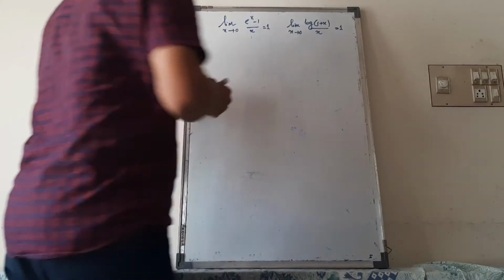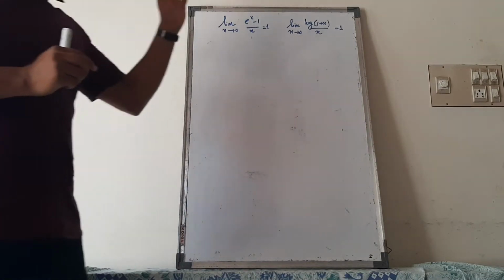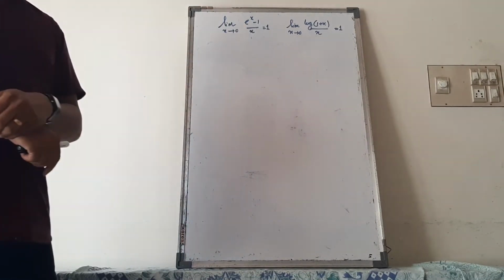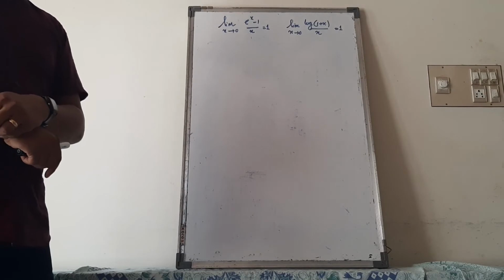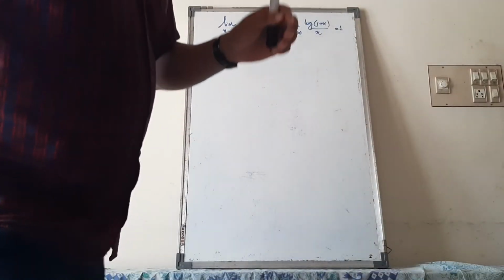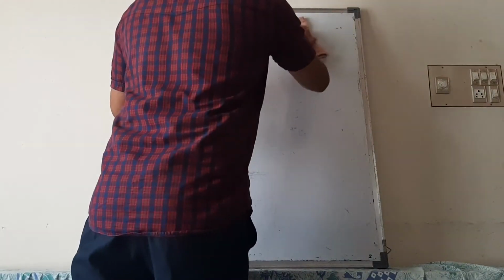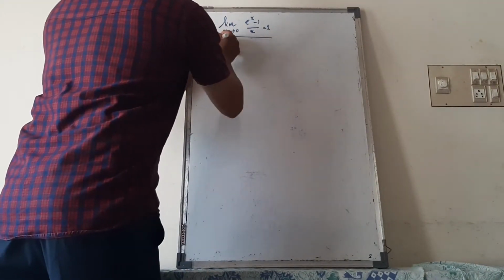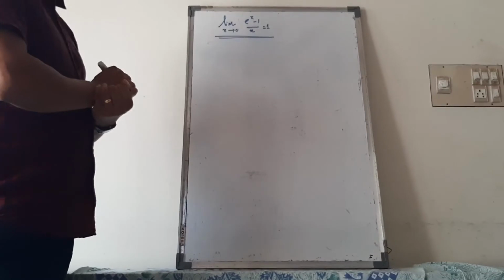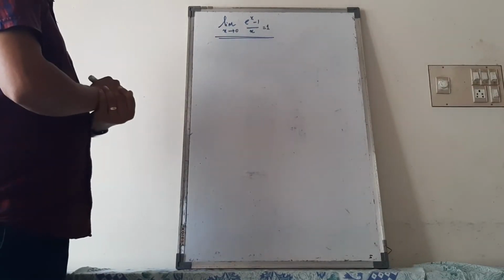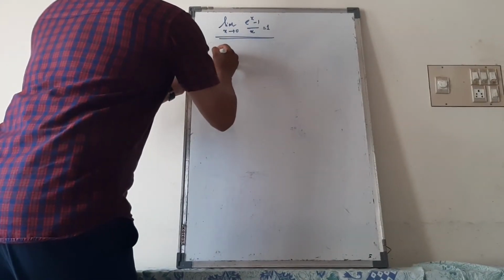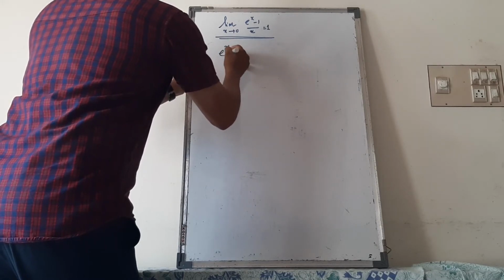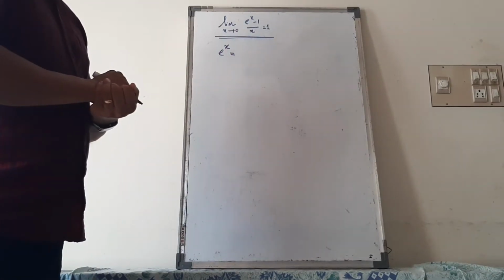That means limit x tends to 0 of e raised to x minus 1 by x is equal to 1, and limit x tends to 0 of log 1 plus x by x is also equal to 1. Here I present a proof of these two limits. First we take limit x tends to 0 of e raised to x minus 1 by x equal to 1. Here, first we consider an exponential series.